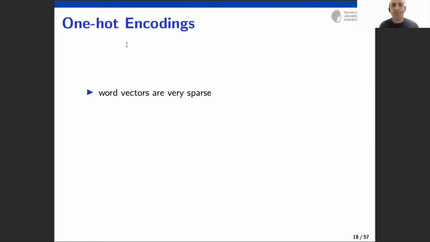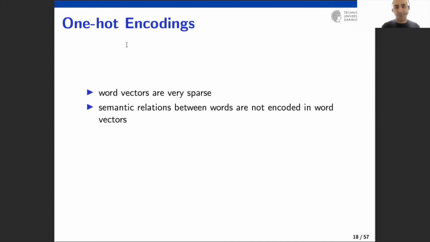Let's look at some properties of one-hot encodings. We can easily notice that for a language that has 4,000 or 10,000 vocabulary, word vectors can get easily large and very sparse.